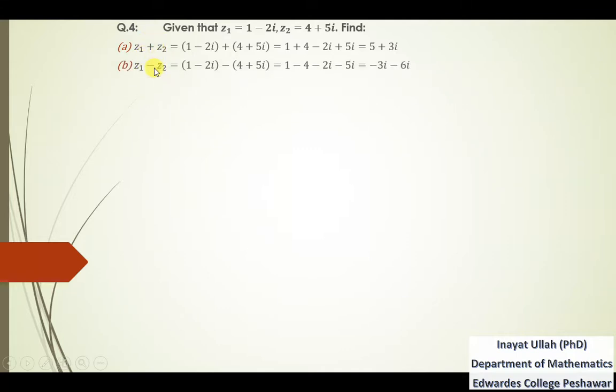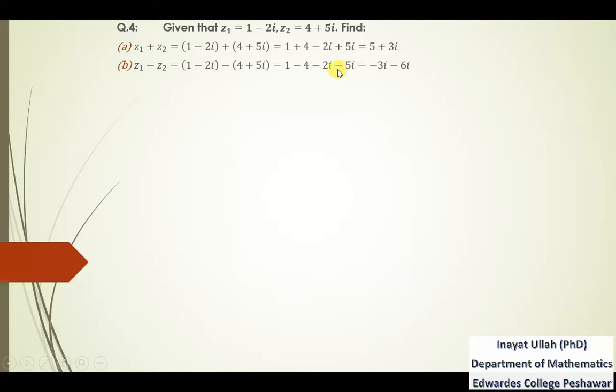And second part, we need to subtract these two complex numbers. So replace this positive sign with negative. How could we subtract two complex numbers? Subtracting the real parts, 1 minus 4, and subtracting the imaginary parts, minus 2 iota minus 5 iota.